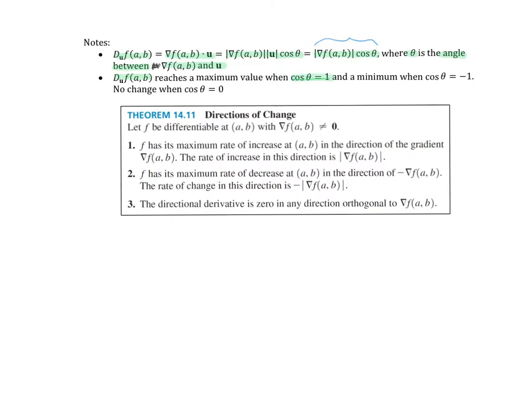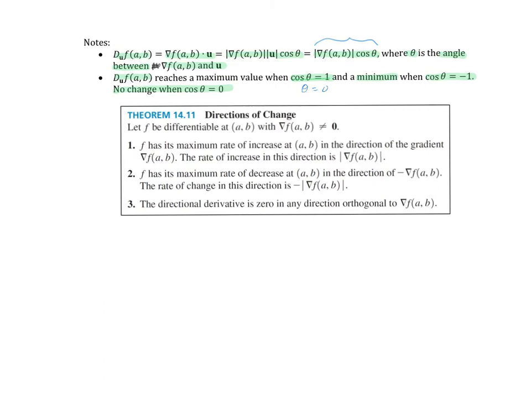So the directional derivative reaches a maximum value when cosine of theta is +1. So it makes sense that when cosine of theta is -1, we'll have a minimum value. And then if cosine of theta is 0, that means our directional derivative is equal to 0. And when a derivative is 0, we're looking at a constant function. So we have no change in our directional derivative when cosine of theta is equal to 0. But typically that theta would be equal to 0 when cosine of theta is 1.